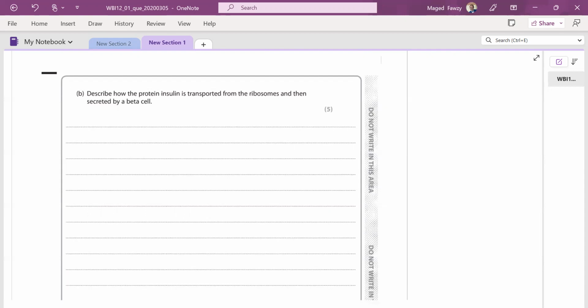Part of the protein from a ribosome goes into the Golgi apparatus, and the Golgi apparatus packages the protein into a vesicle, and the vesicle is diffused out of the cell, which is secreted.